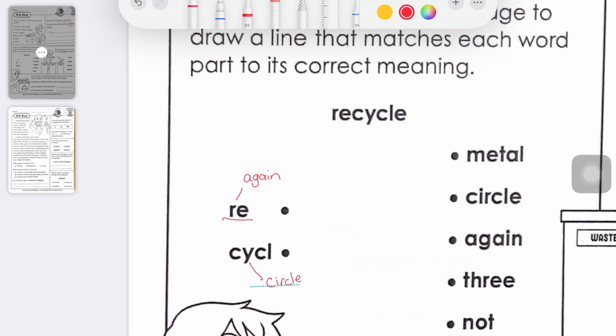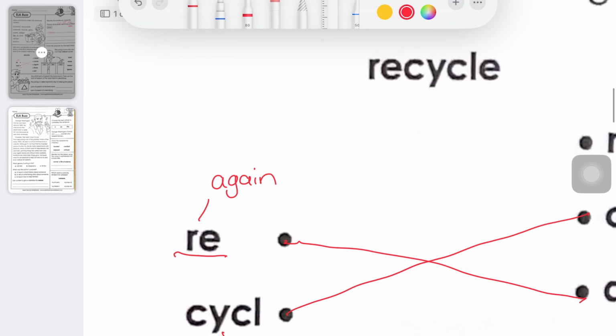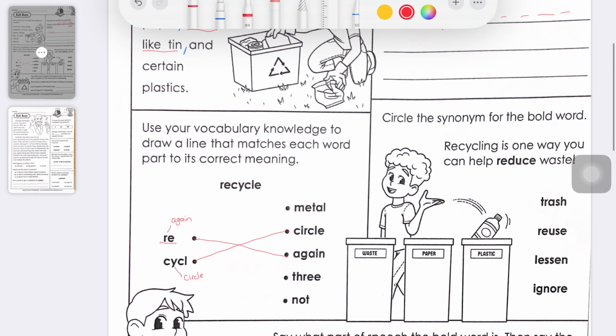So again, re means again, and cycle means circle. Okay? So like a bicycle, tricycle, unicycle. Repeat, reuse, renew means new again, use again, that sort of thing.